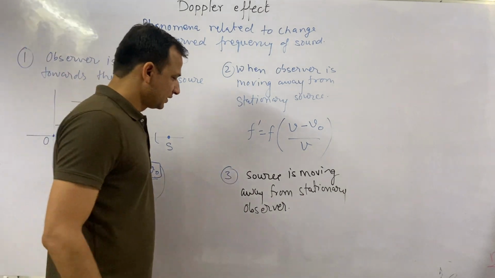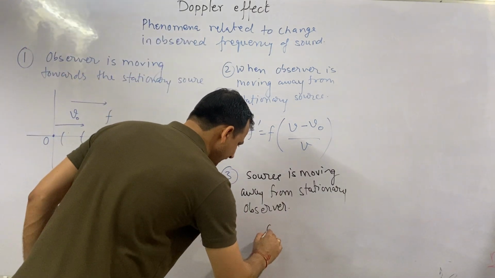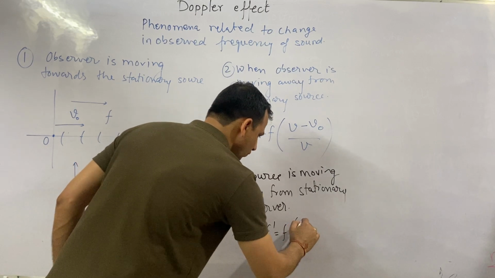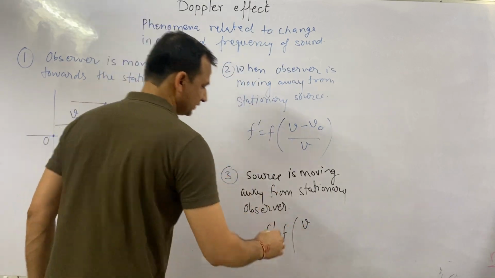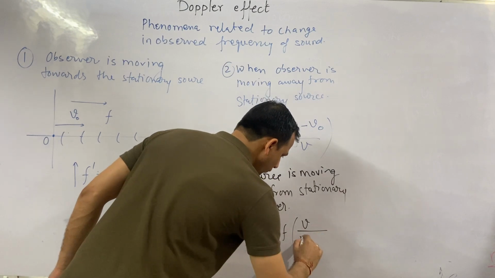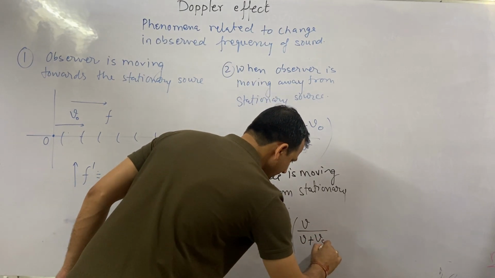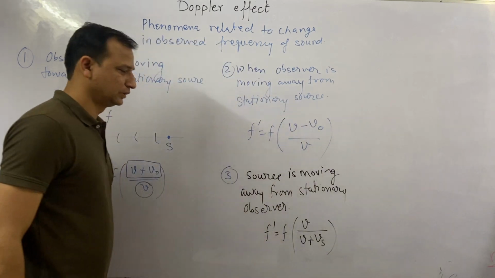In this case, we will write the formula f' is equal to f v divided by (v + vs).